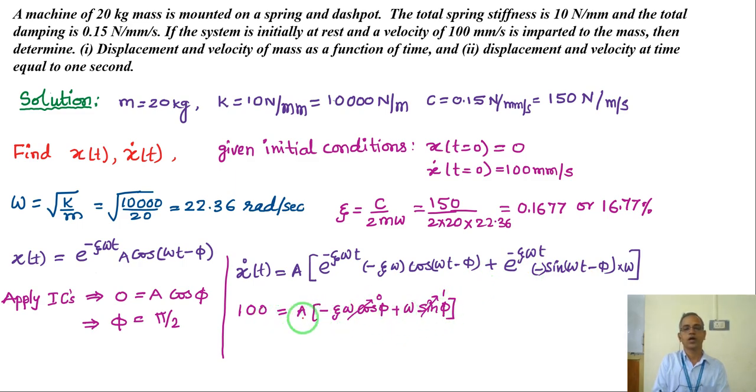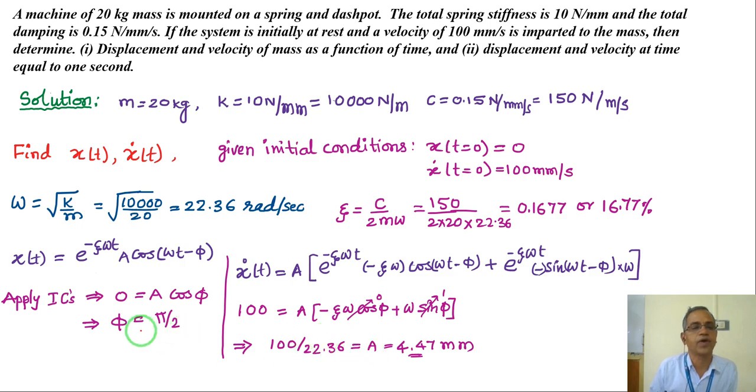So A will become 100 by omega, omega is 22.36, so A will become 4.47. Instead of A, you can write rho, anything, it is just the maximum amplitude of the damped vibration.